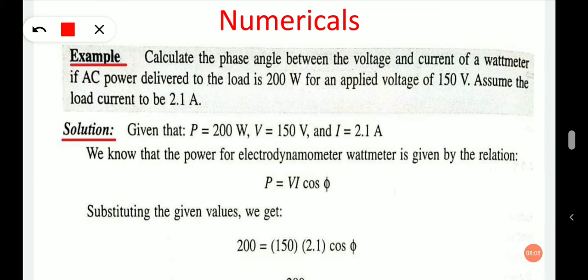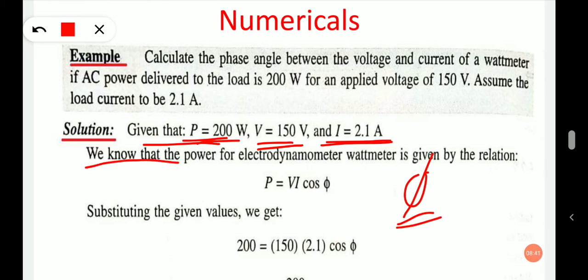So the given data is P equals 200 watt, that is the power delivered to the load, V is 150 volt, that is the applied voltage, and the load current is I equals 2.1 ampere. We have to calculate the phase angle between voltage and current of the wattmeter, that is phi.